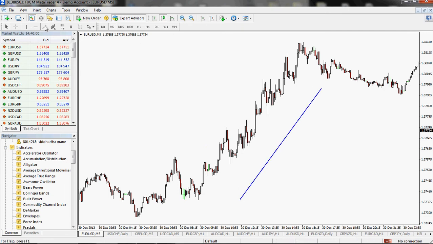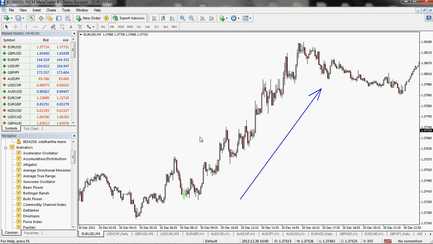So the market is trending in this direction, turning in the upward direction. Normally, traders use a lot of indicators and different techniques when the market is moving in the upward and downward direction.